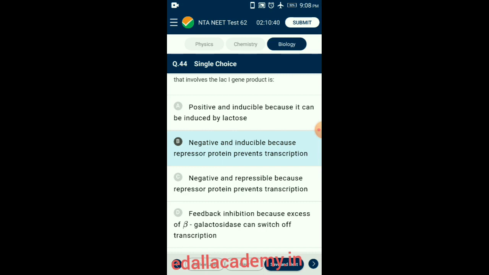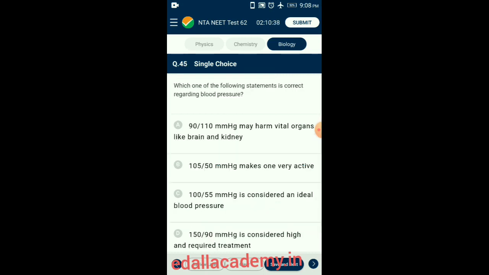Question number 45. Which one of the following statements is correct regarding blood pressure? A normal blood pressure in a human being is 120/80 mmHg. 80 mmHg is the diastolic or resting pressure and 120 mmHg is the systolic or pumping pressure. 140/90 mmHg is higher than normal and requires treatment.